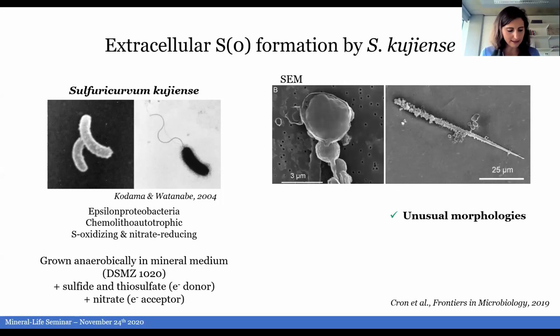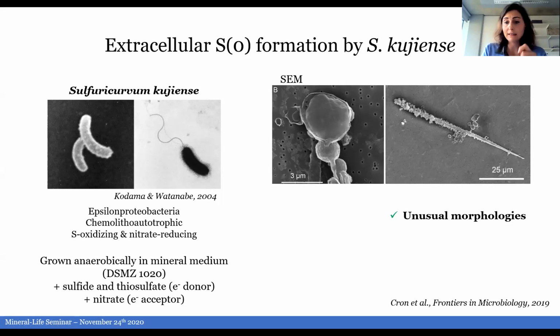So what we did is simply harvest the elemental sulfur produced by this microbe and first look at it with SEM. And what you can see here are a few images of these elemental sulfur particles. And what we found is that they have unusual morphologies. So we have spherical globules, and we also have these long, weird, spiky rods, however you want to describe them.